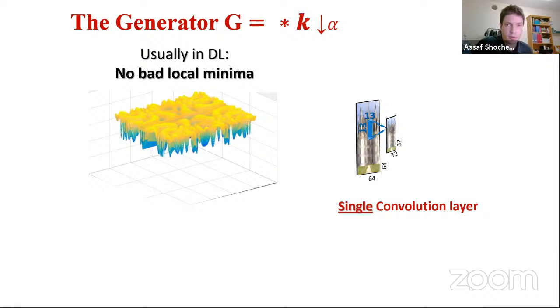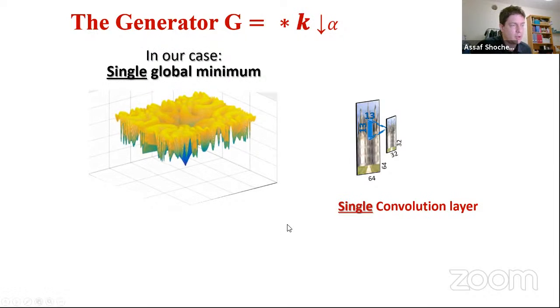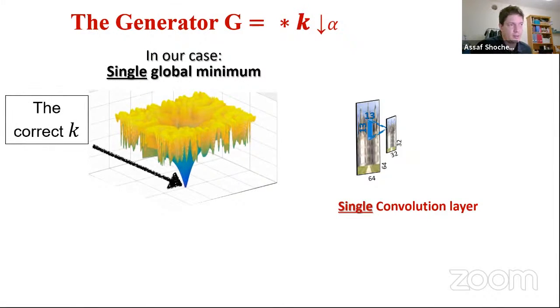This is a very important paradigm which makes gradient descent work in neural networks. But in our case, we sort of broke the paradigm because what we're looking for is not the result of the network, but the weights of the network. So we have this ground truth, which is not a result ground truth, it's ground truth for what the weights of the network should be, which is the correct kernel.